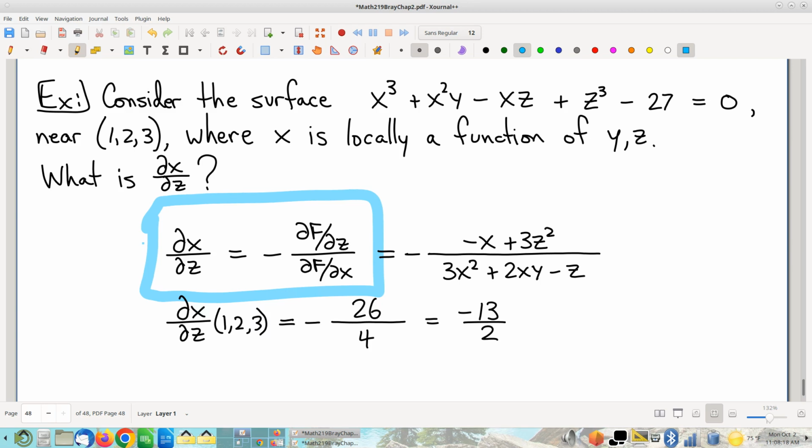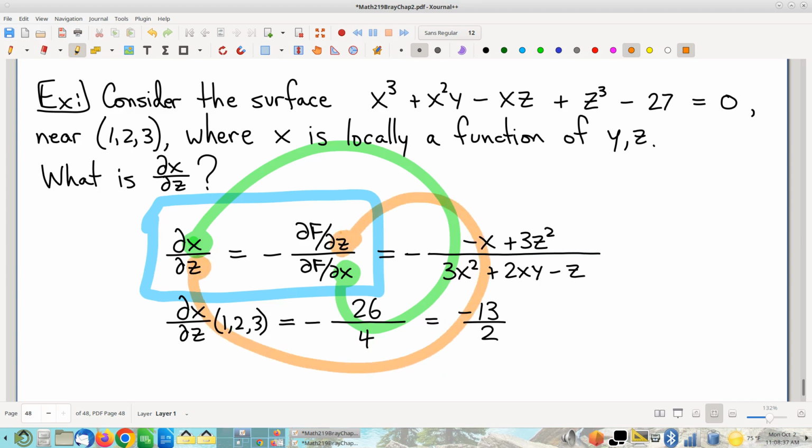The nice little memory tool for this, of course, is that whatever is the variable on top, that's the one that goes there, and whichever variable is on the bottom, that's the variable that goes there. Wouldn't it be nice if these actually were fractions that I could play cancellation games with, as we established that we couldn't. So you write that down, and then again, don't forget your minus sign, right?